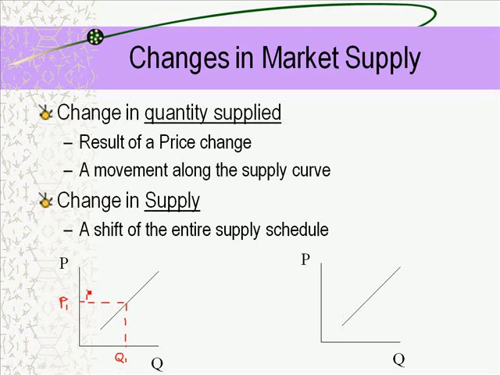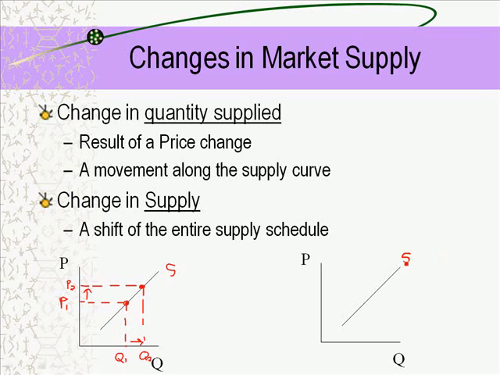So if we move from P1 to P2, what we're going to see is a change in quantity supplied at the bottom. So we moved from one point to another point along our supply curve, and that illustrates a change in quantity supplied.